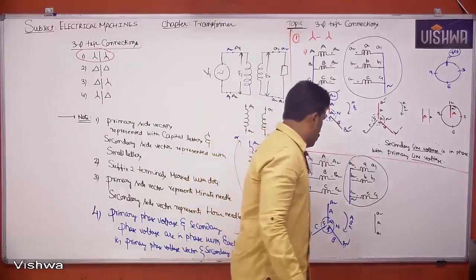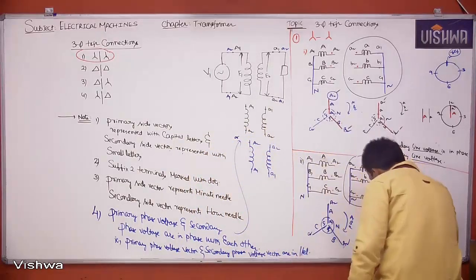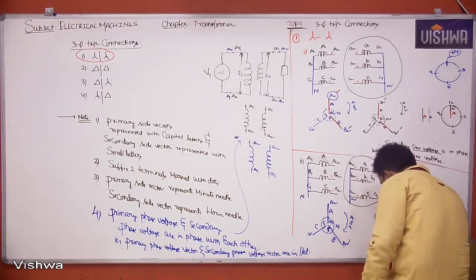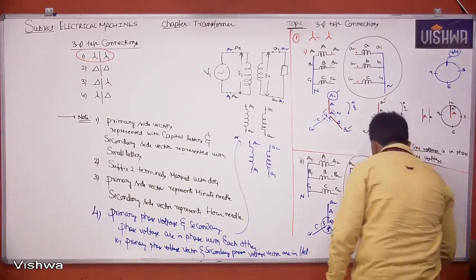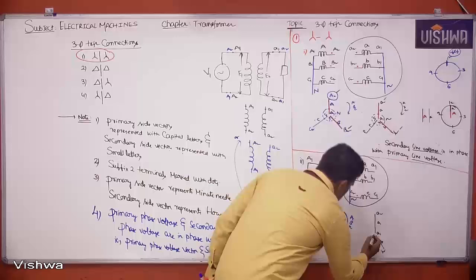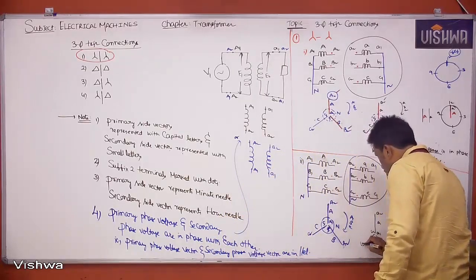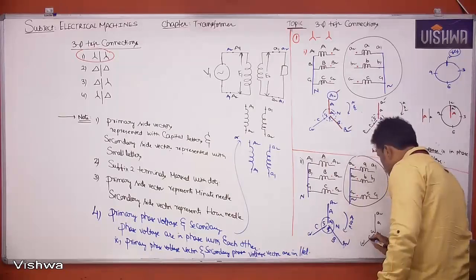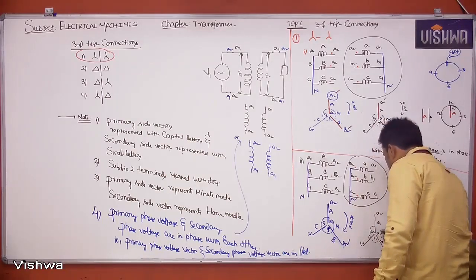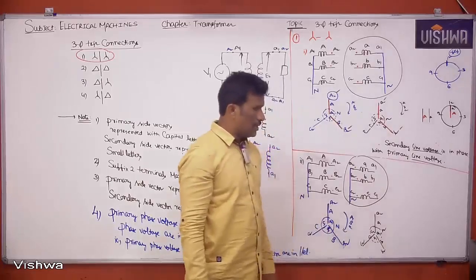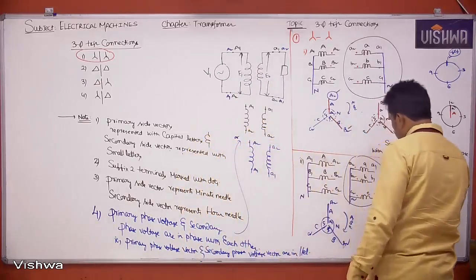B1, B2, I will draw parallel to capital B1, B2. This is B. C1, C2, I will draw parallel to capital C1, C2. This is C. A1, B1, C1, I will start with neutral here. But check, is it correct or not? It is not correct, it is wrong.